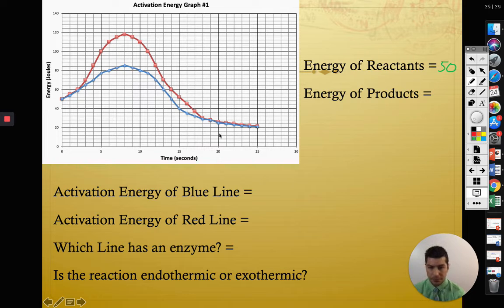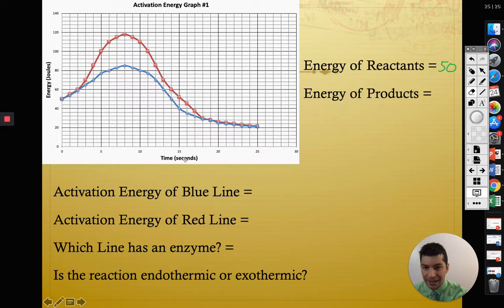All right. Our energy of our products is going to be our last point on here. Be careful with this, guys, because it's very close to this number here. You always want to read these from the y-axis, the numbers I circled, because it's always asking for energy.